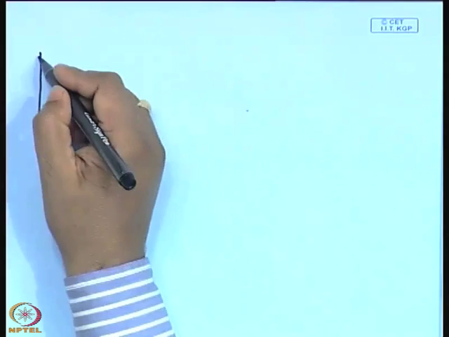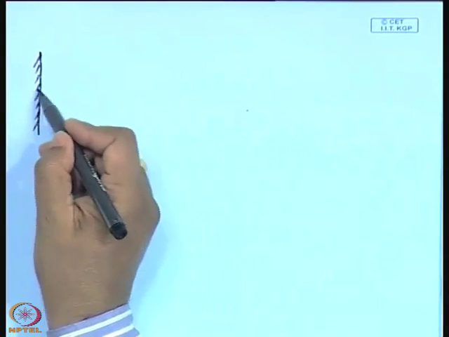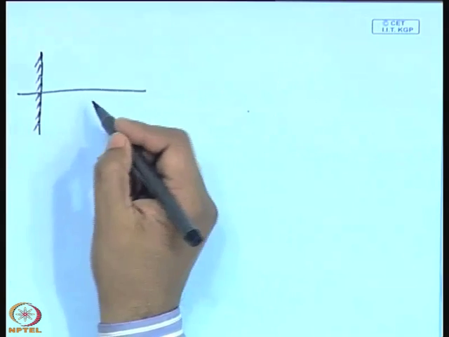Now I will take a different example. Suppose I have a source. Let me consider a source. I have a wall, and let me draw it along the x axis.